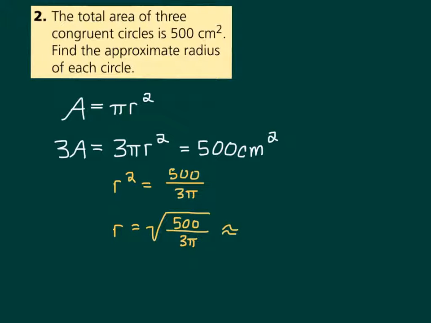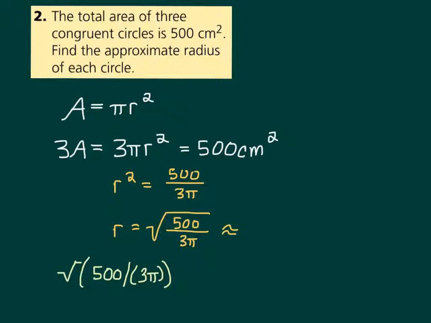Okay, to put this in the calculator, if you have the old operating system on the calculator, it'll give you square root with a parentheses. And in that parentheses, you want to do 500 divided by, and then in parentheses, you need 3 pi. And then you can close the parentheses for the square root, for the radical.